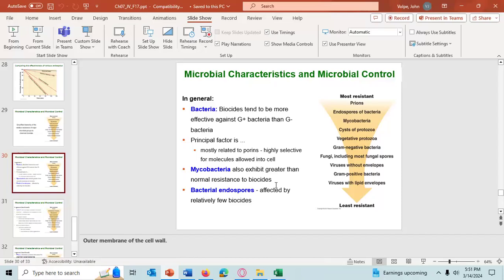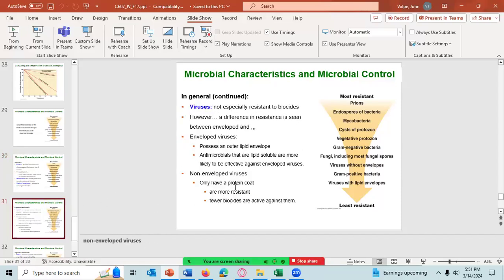The mycobacteria also exhibit greater normal resistance to biocides because of the mycolic acid, keeping the biocide out of the cell. Viruses are not specifically resistant to biocides. However, enveloped viruses are more sensitive than the naked viruses.